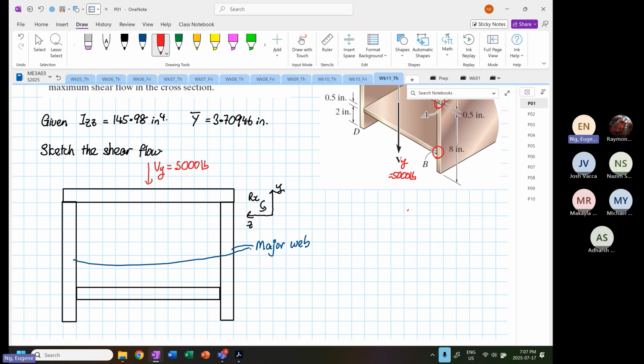The major web controls the shear flow, so it comes down. This is how our shear flow has been designed.